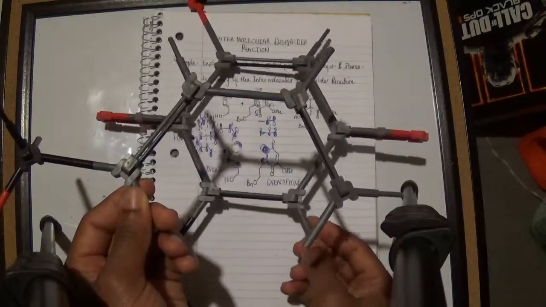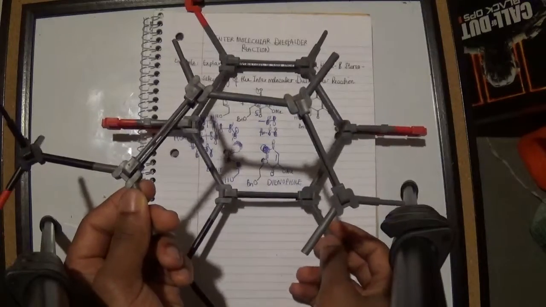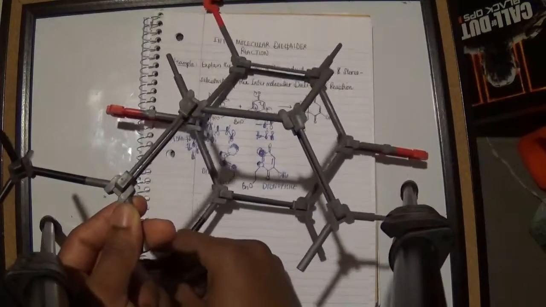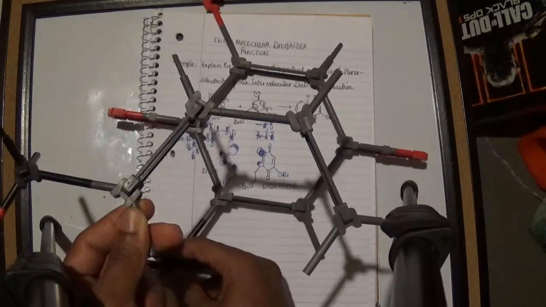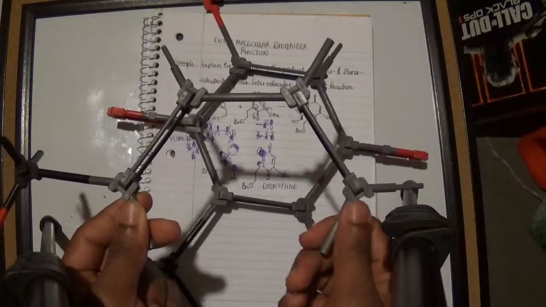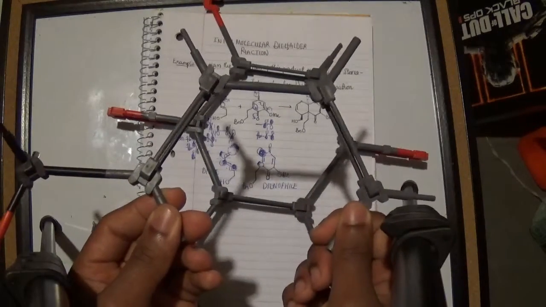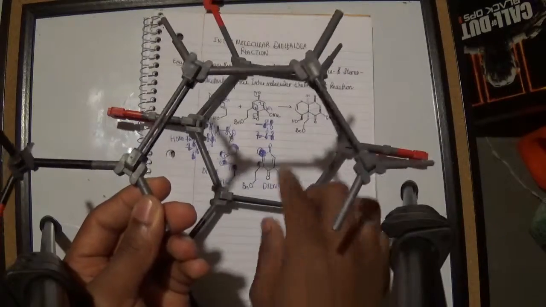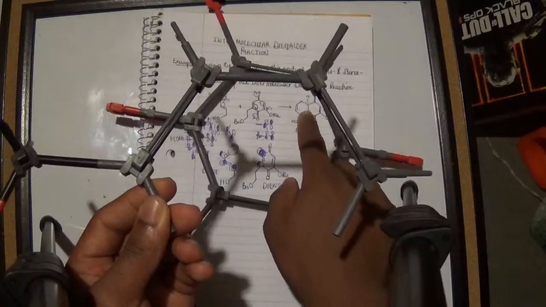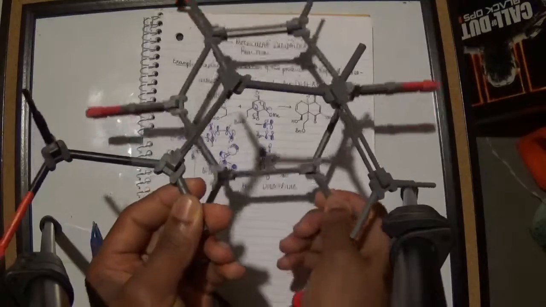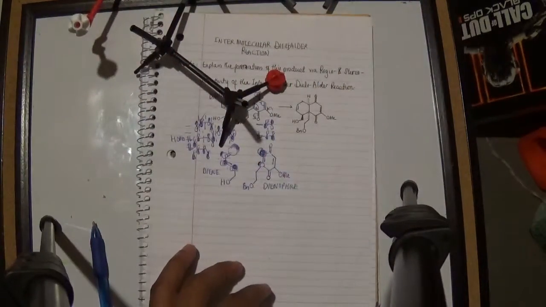And the hydrogens over here will be pointing away from me alongside the BnO, which is pointing away from me, and this hydrogen over here and over there will be pointing towards me. That is what we have in terms of the stereochemistry of our product. So that is just a molecular model of what we got over there.